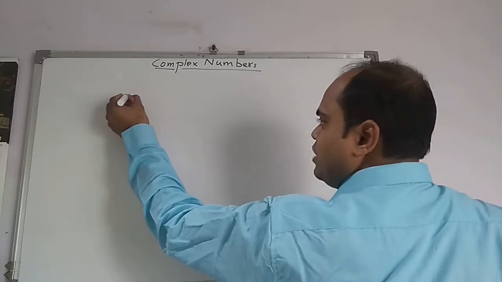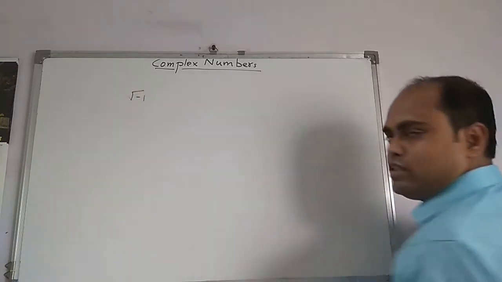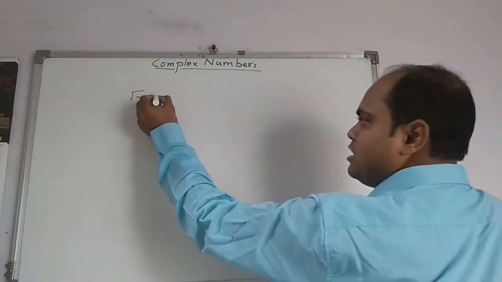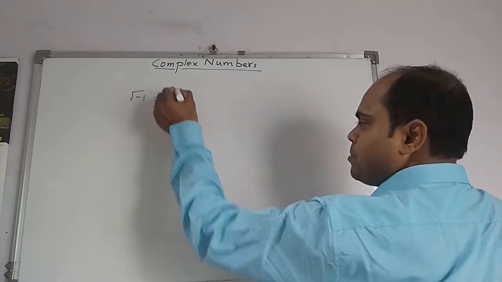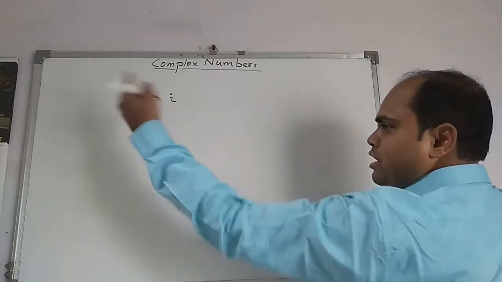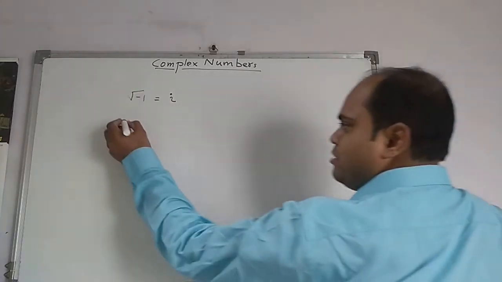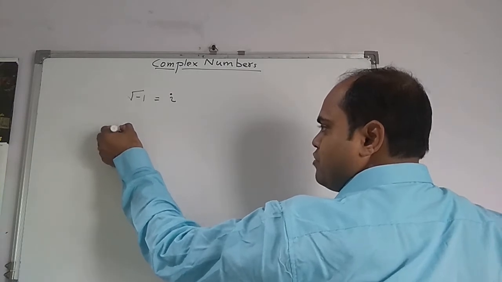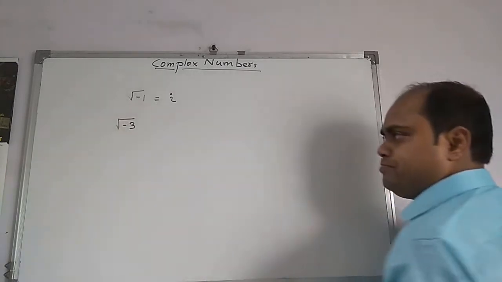So when we have square root of minus 1, it is represented by iota or small i. Then this can help in writing the square root of any negative number. Suppose we have square root of minus 3.